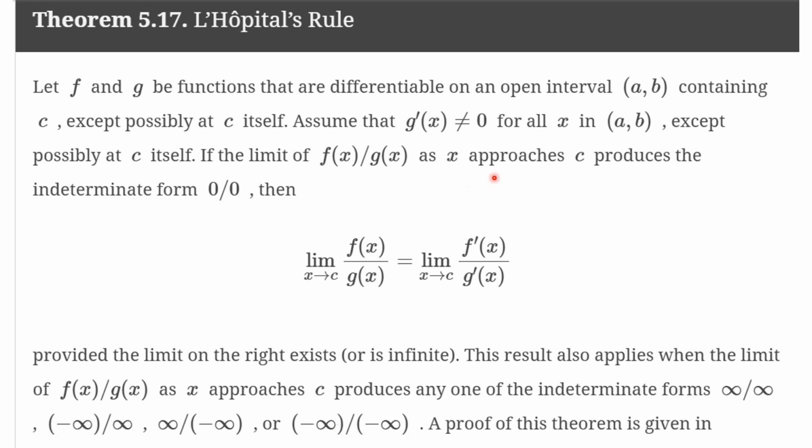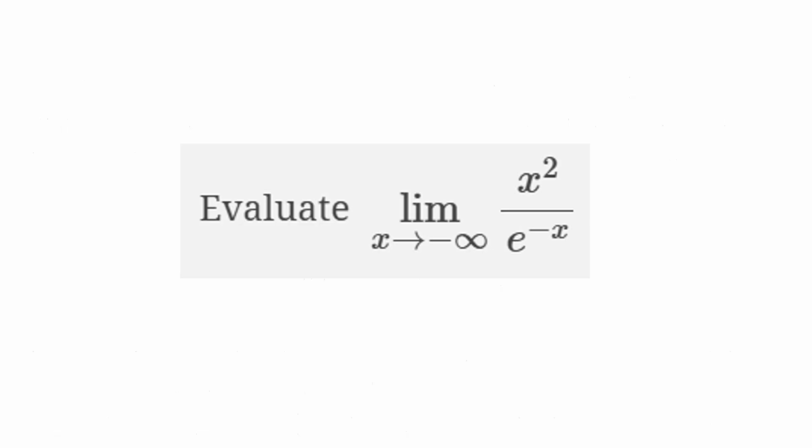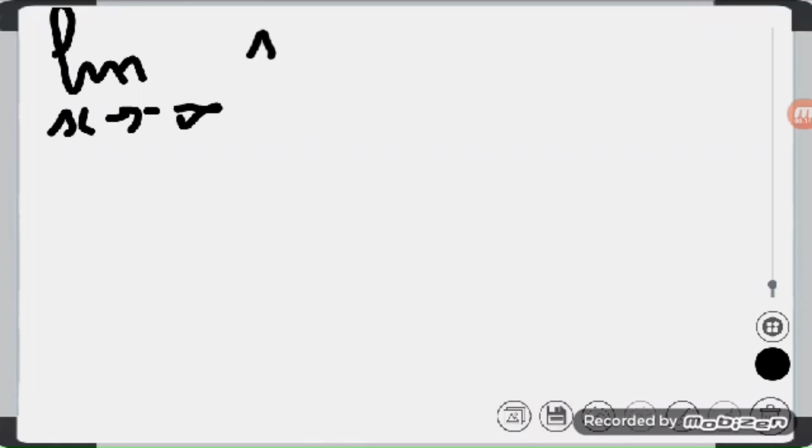So now let's try to apply that to the first example that we couldn't solve before. So we have the limit as x approaches minus infinity of x squared over exponential of minus x.